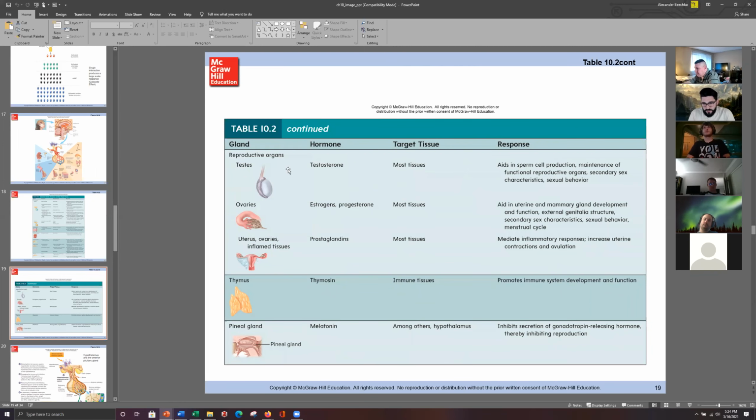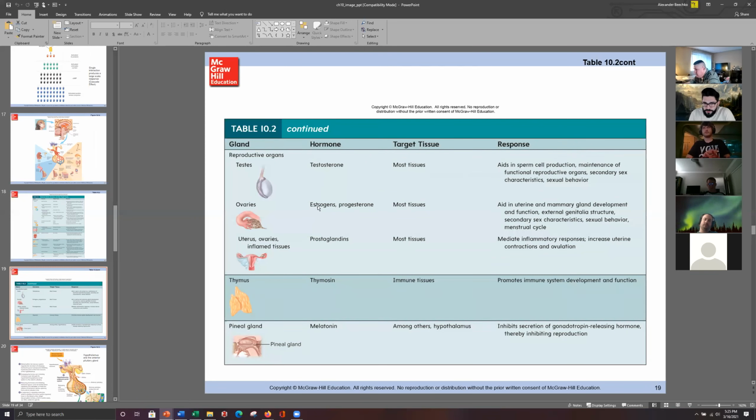All right. Almost done here. I know I said I wasn't going to go over all these, but hey, we've come this far. Why not? We'll finish it out. The testes produce testosterone mainly. It acts upon most tissues, aids in sperm cell production, maintenance of functional reproductive organs, secondary sexual characteristics and sexual behavior in males.